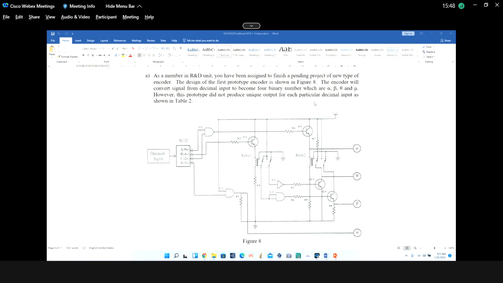What is meant by unique output? So have you screenshot this one or not? Done, okay.